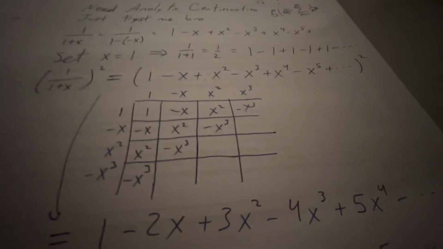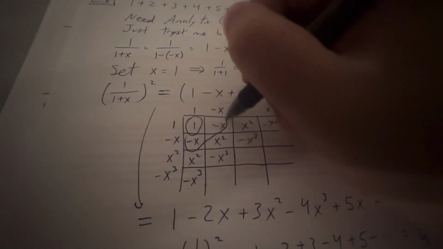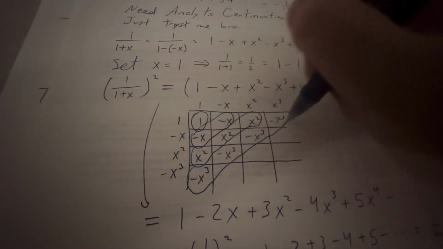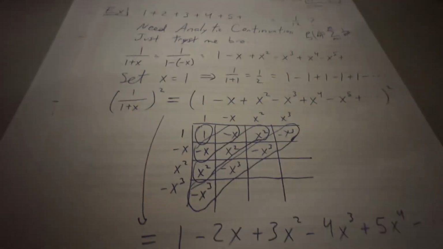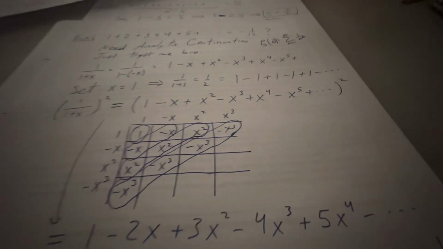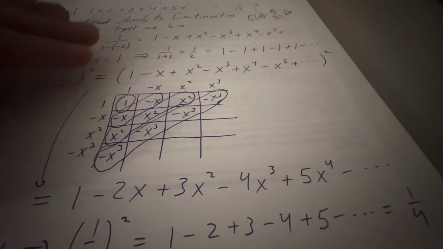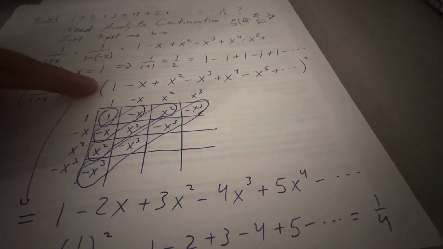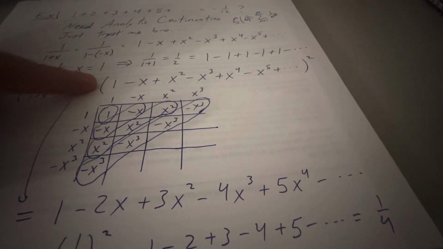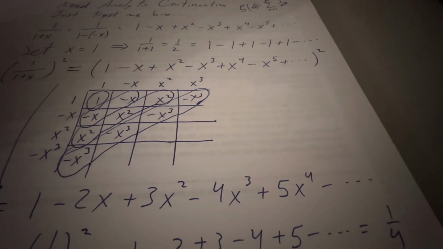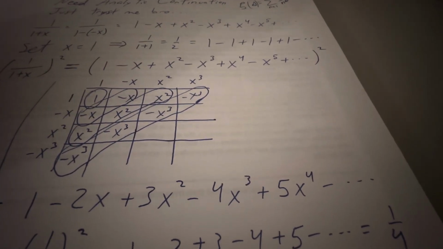And then if I group by diagonals, to emphasize that's what I'm doing here, I should get a familiar looking polynomial. Well, it's not a polynomial, but I'll get something that looks familiar. So this guy up here that I'm pointing at can be rewritten as 1 minus 2x plus 3x squared minus 4x cubed plus 5x to the fourth, so on and so forth.